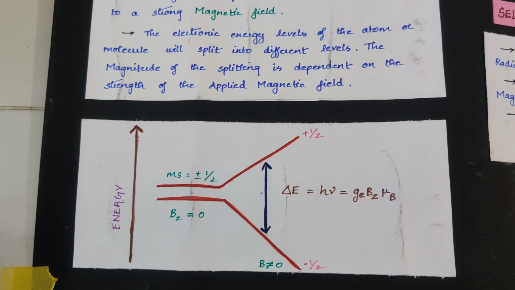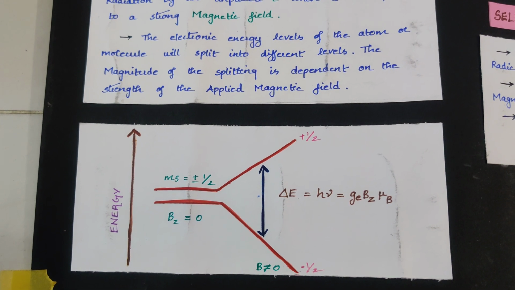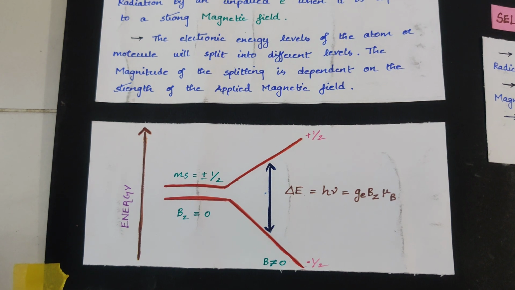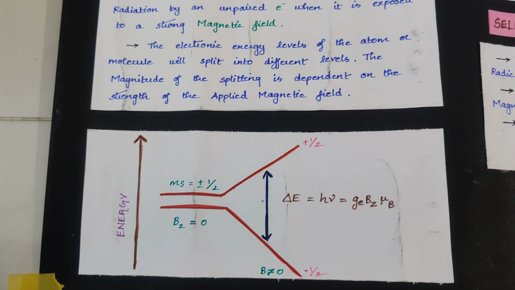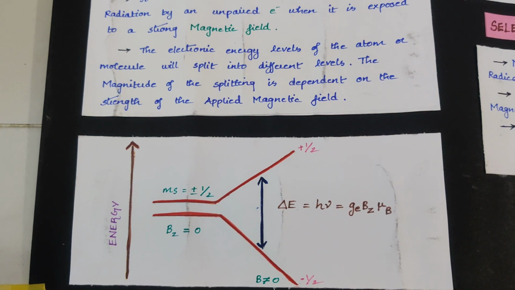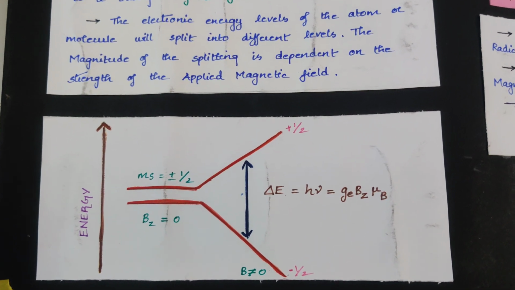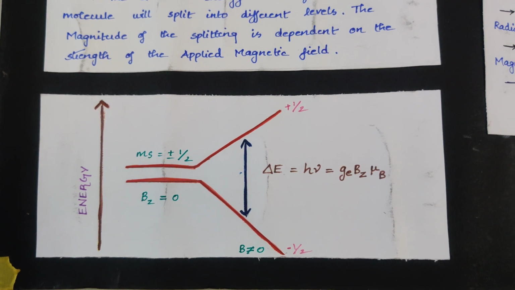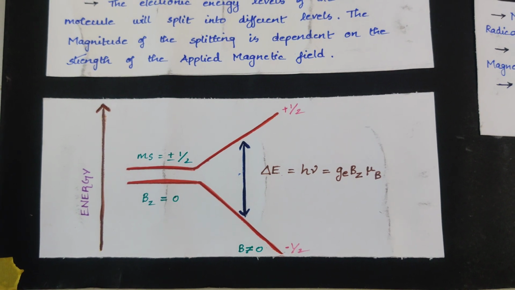When we apply a magnetic field, when B does not equal 0, energy level splitting takes place. So an energy difference arises. That difference is delta E. Delta E is equal to h nu, which is equal to g Bz mu B. Mu B is the Bohr magneton here.